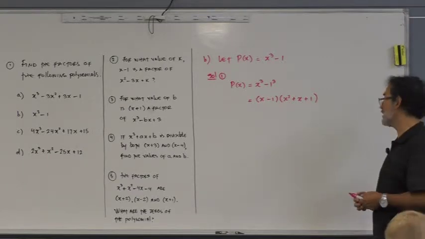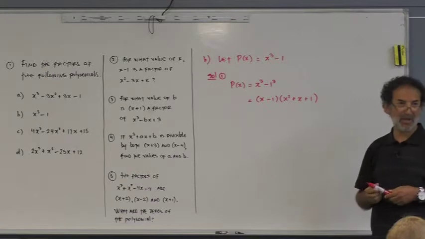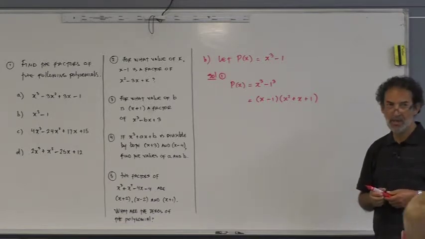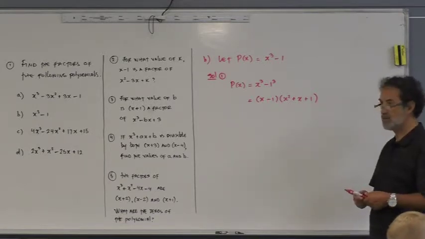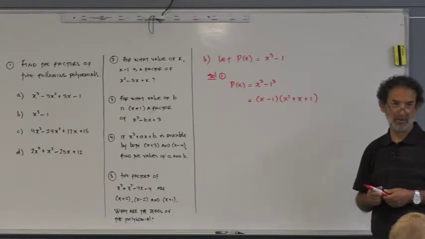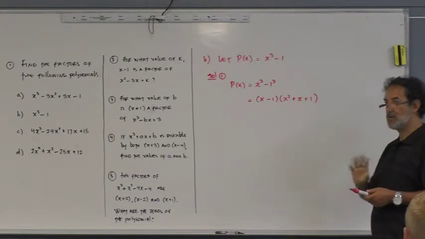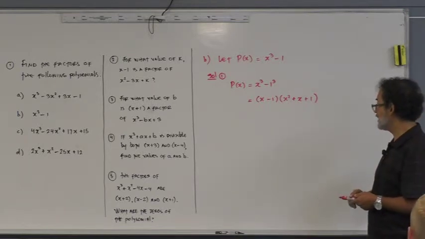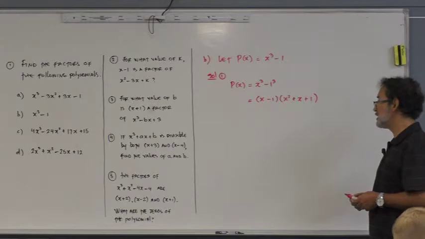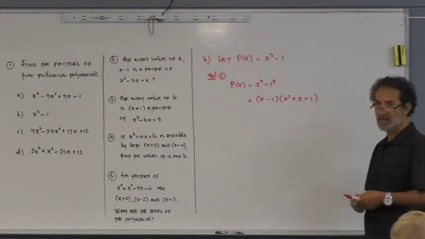Let's check first. Can we find two numbers that when you multiply them together equal 1, and when you add them together also equal 1? No, so we cannot do that. Then the next thing that we could do is to use the formula.